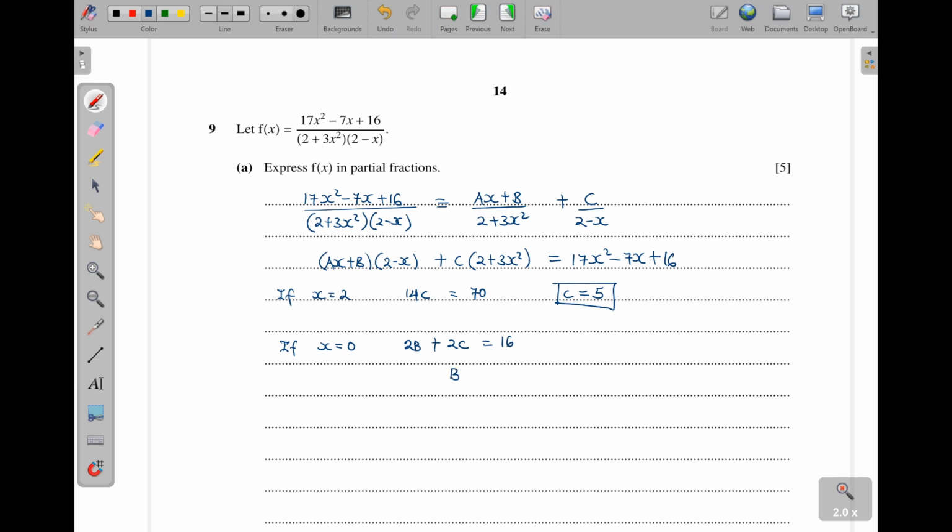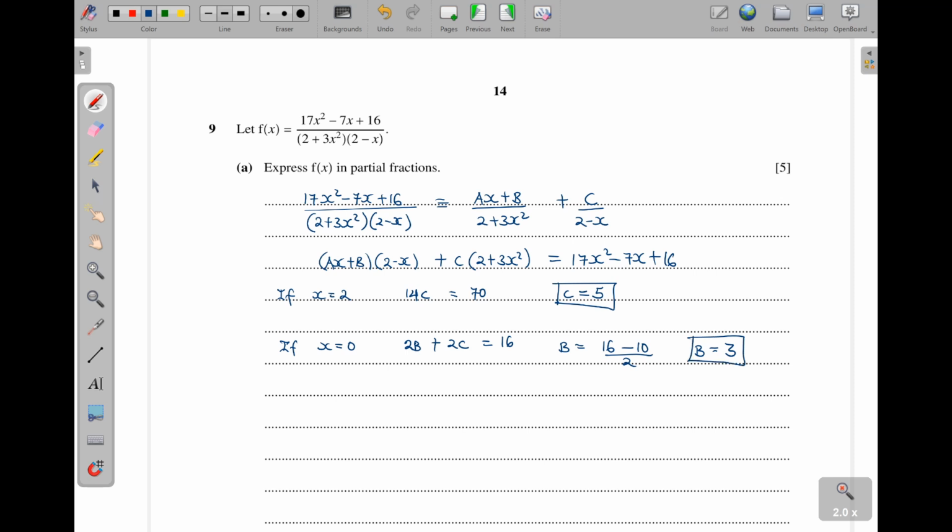So what will be our b? Our b here is going to be equal to 16 minus 2c. That means I get 5 times 2, that will be a 10. So minus 10, then we divide by this 2 here. So what do we get? 6 divided by 2, that is a 3. So meaning b is going to be equal to 3.